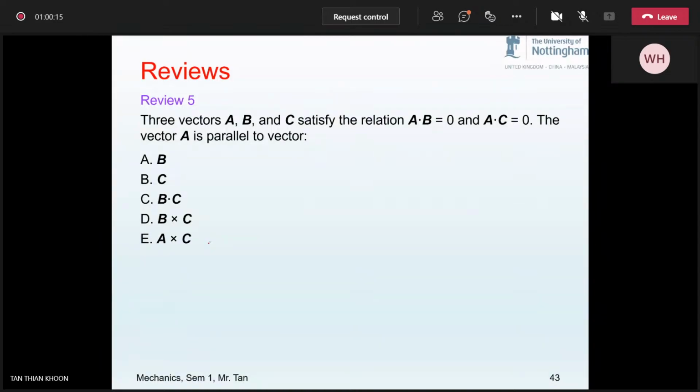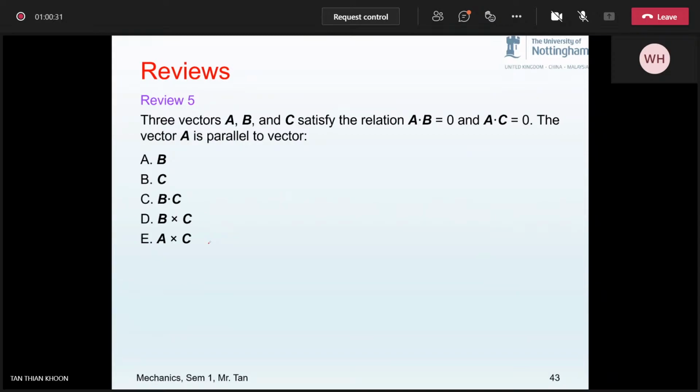Because A dot B equals 0 means A and B are perpendicular, and A dot C equals 0 means they are also perpendicular. So what happens with B cross C?